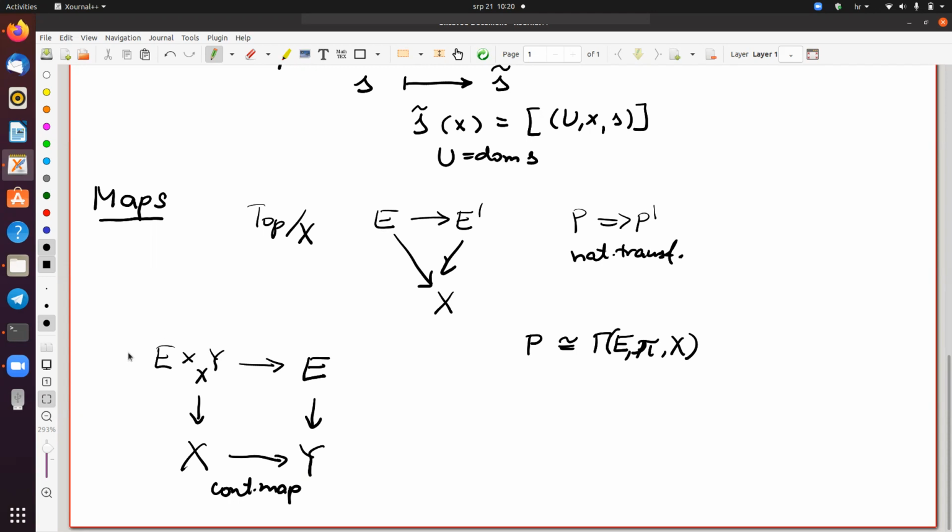What does it mean? That it's a universal object: if you take any Z such that the external square is commutative, you have a unique map here.